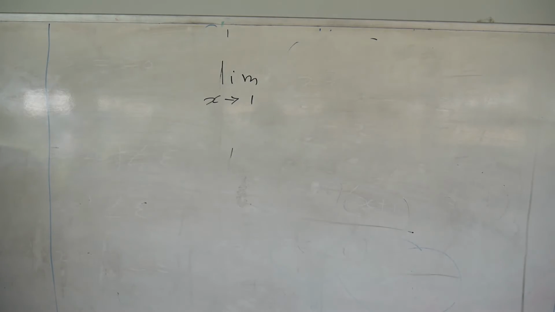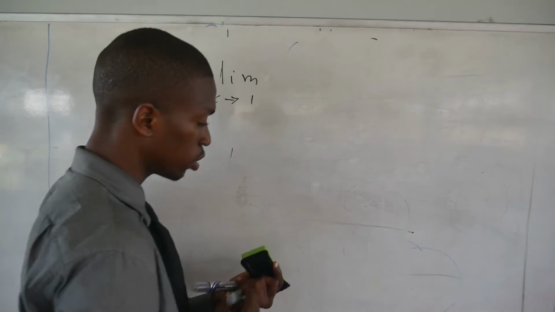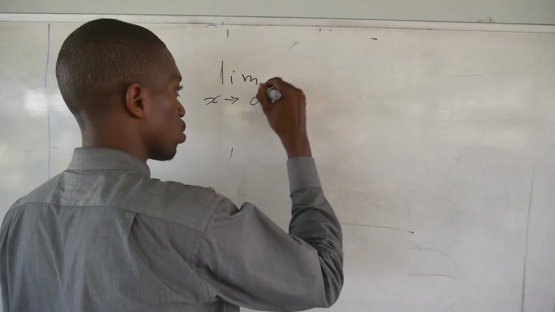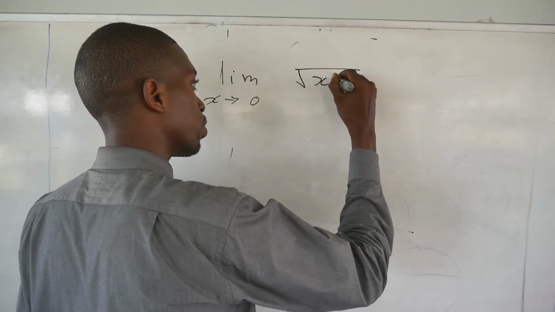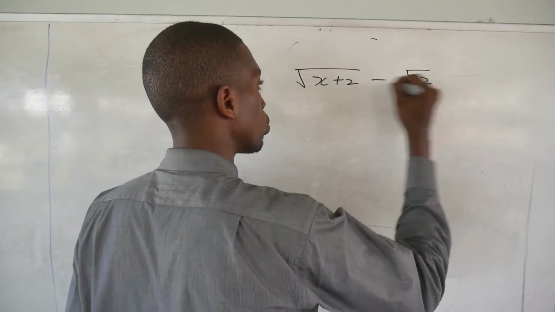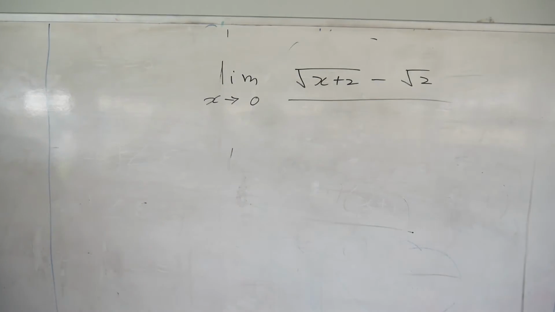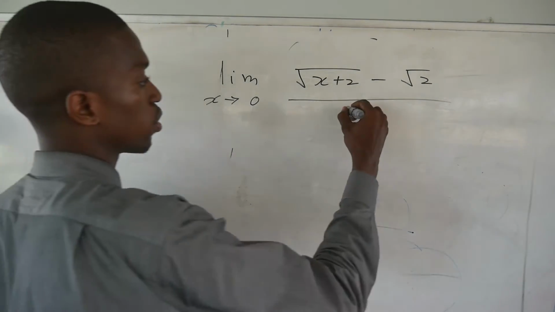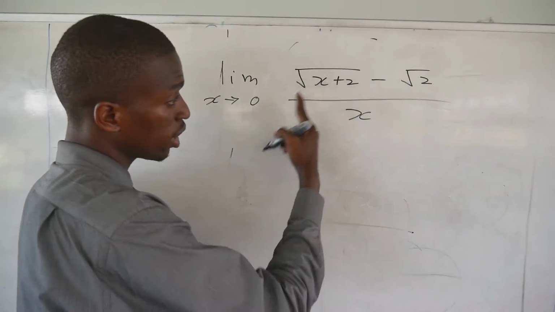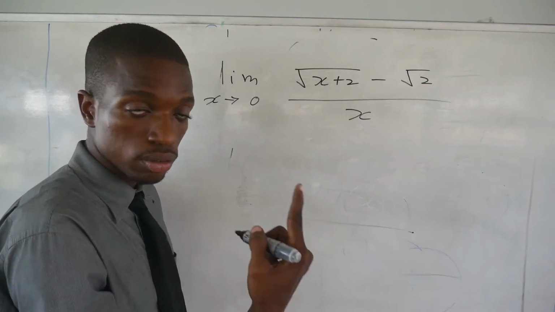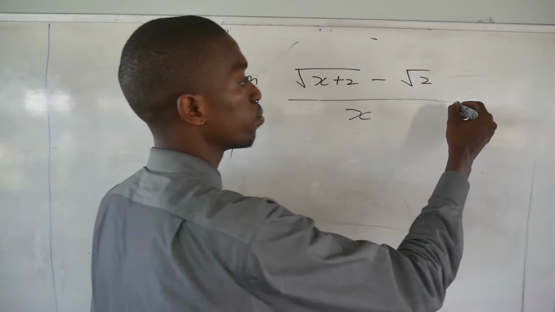Limit as x goes to 0 of the square root of x plus 2 minus root 2 all over x. So if you plug in 0, you get root 2 minus root 2, 0 over 0.